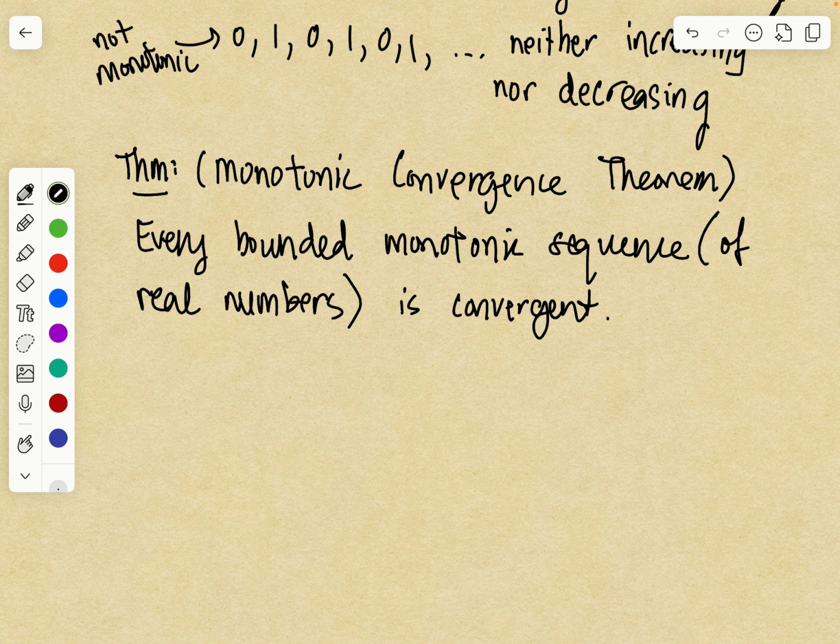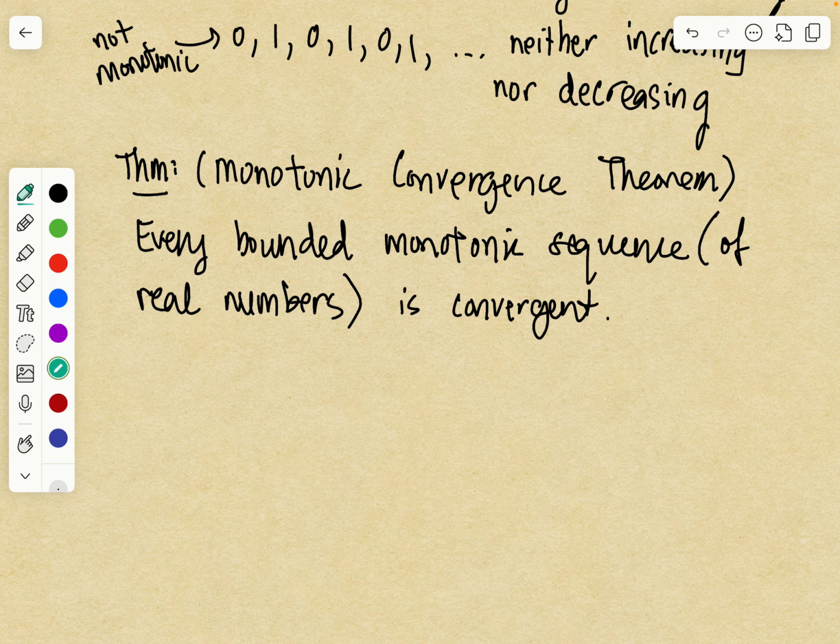Now, before we get to the proof, let's just make some comments. First of all, we know that every convergent sequence is bounded. So think back about how we might prove that statement. And suppose that we remove this monotonic part.